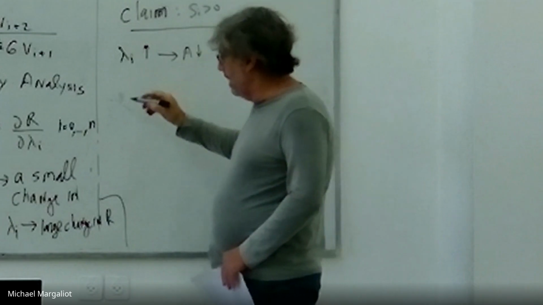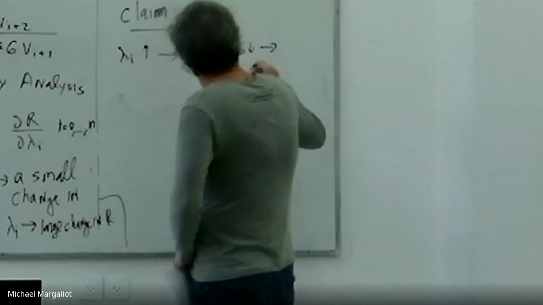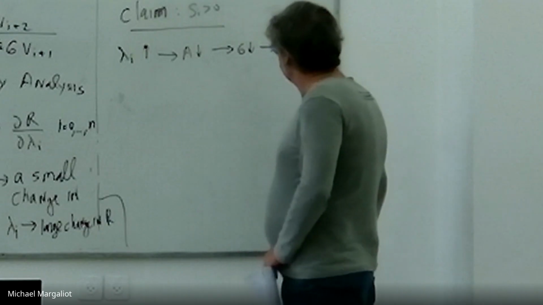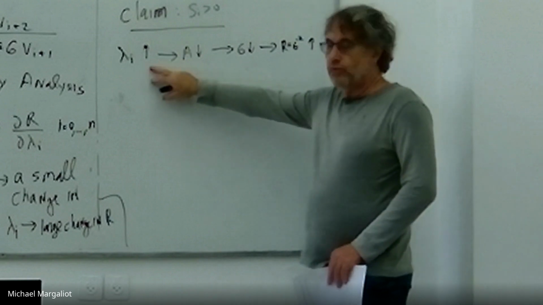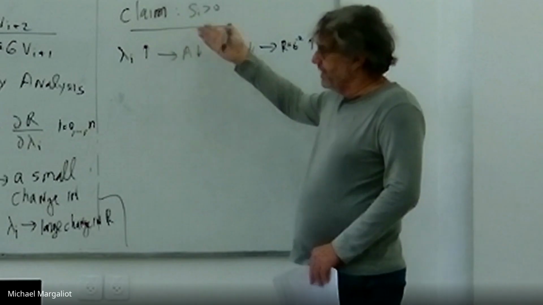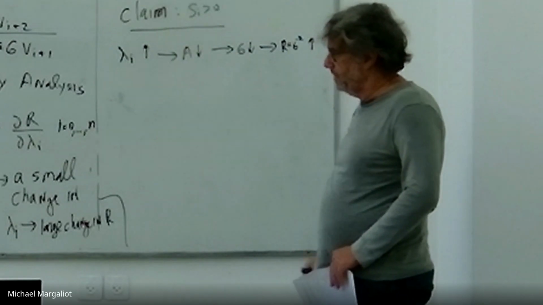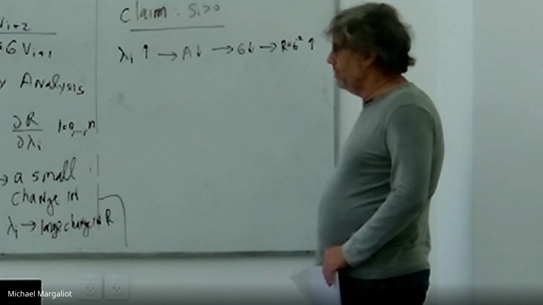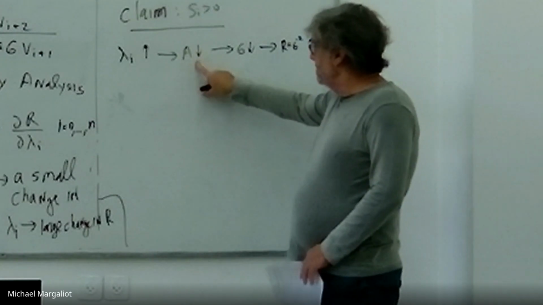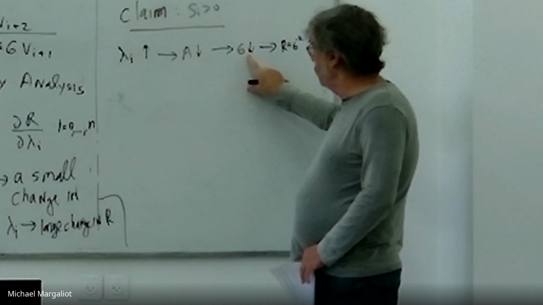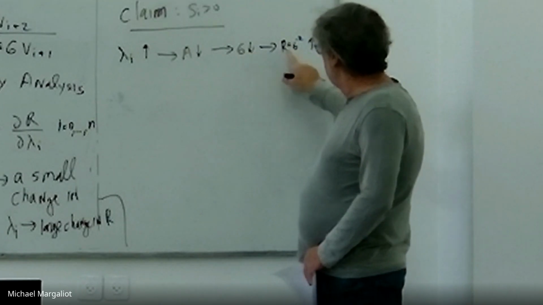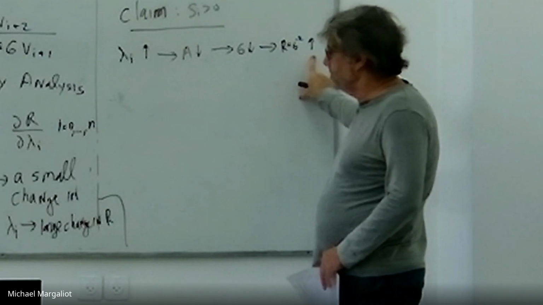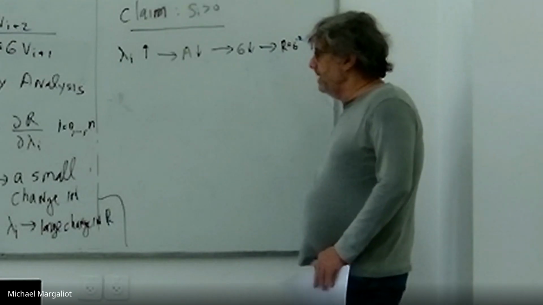And since R is sigma to the power minus 2, I expect R to increase. I hope this chain is more or less clear: I increase lambda i, so A is decreased, so I expect the Perron eigenvalue to decrease, and because R is sigma to the power minus 2, I expect R to increase.